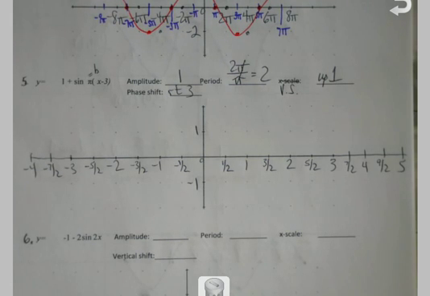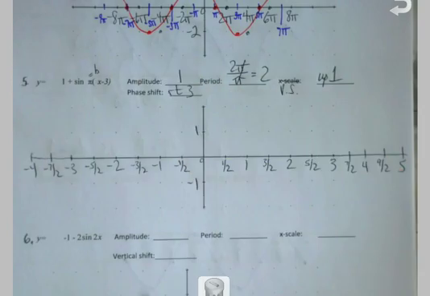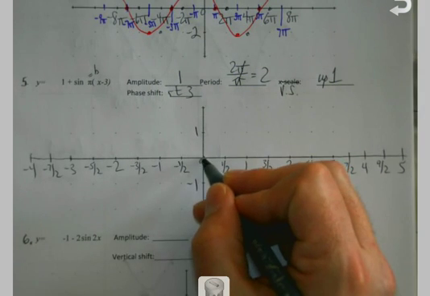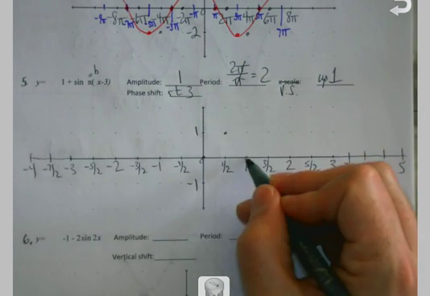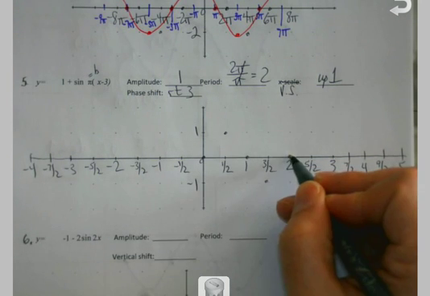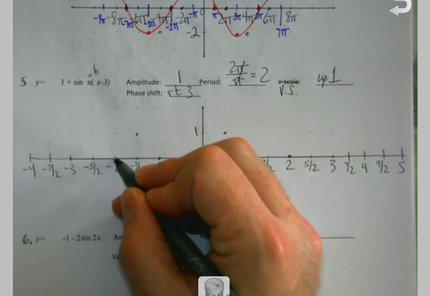Okay, so normally, if I wasn't dealing with all the fancy stuff and I was looking at a sine function, it'd just be 0, max, 0, min, 0, and then I roll that right through to the other one as well.